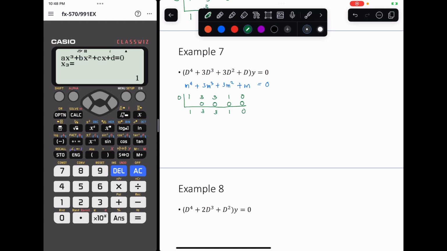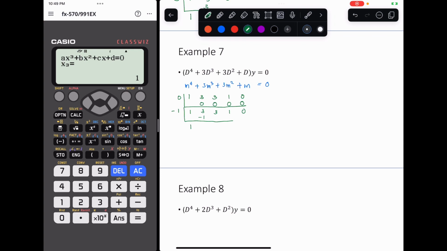How about the second one? Since everything is positive, 1, 3, 3, 1, I'll assume a negative 1. I'll try negative 1. I'll bring down 1. 1 times negative 1 is negative 1.